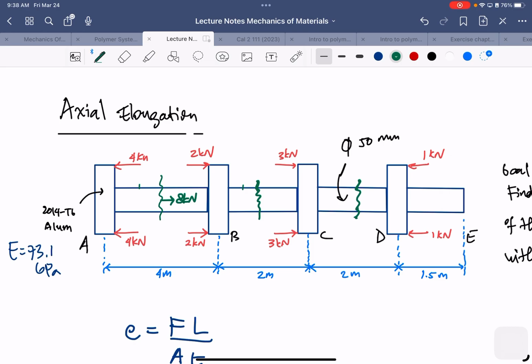So 8 going from that resultant, and then another one will be 4 kilonewton. So 6, 6, 4, 10, 8, 2. This will be going there, this will be going there, so this will be 2 kilonewton, this will be 4 kilonewton.